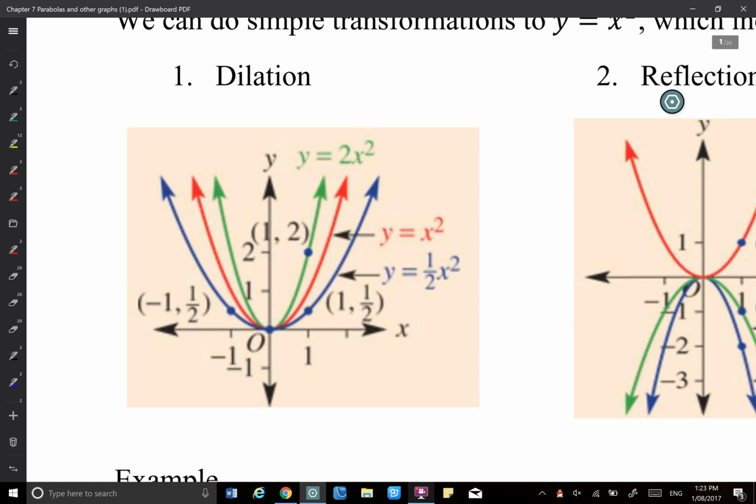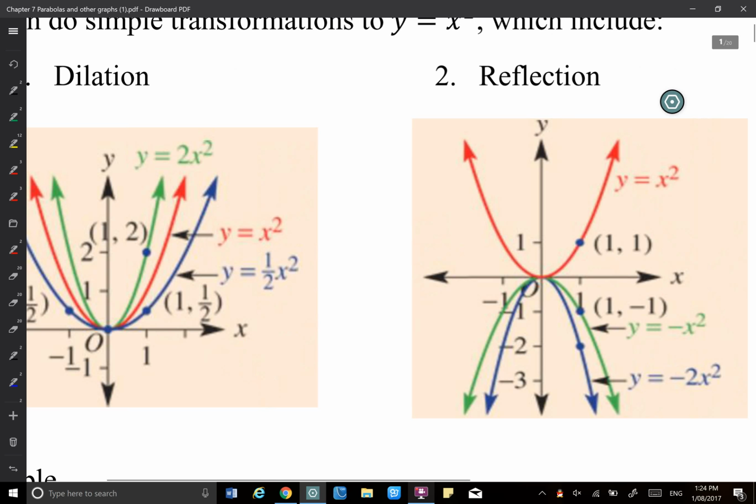So the a value will decide whether it's a narrower or wider graph compared to the basic graph, which is y equals x squared. The larger the number, the narrower the graph. So 2x squared is narrower than x squared, and they all meet at 0, 0.